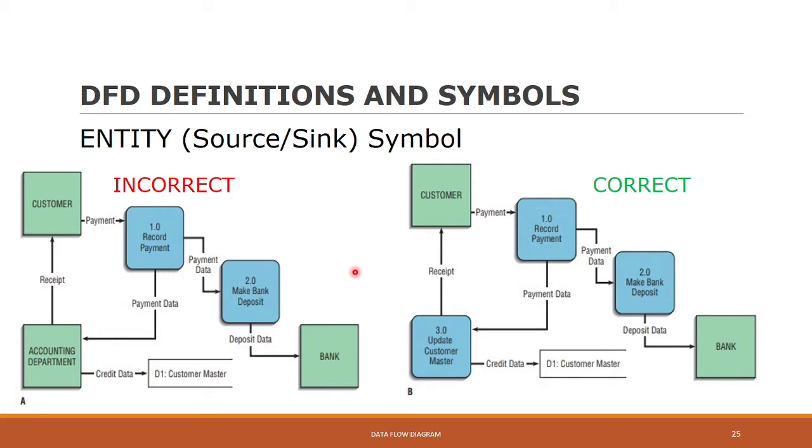However, if the processing that occurs in the other office takes place outside the system you are working on, then it should be a source or sink on your data flow diagram. Since the process is inside your system, you should put a process symbol here.